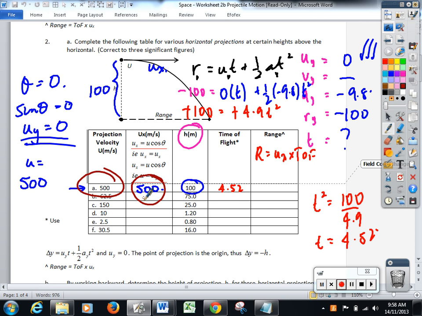So to find the range, we simply multiply these two values together. So 4.52 times 500, 2,260 metres. Okay? Are we okay with this calculation?